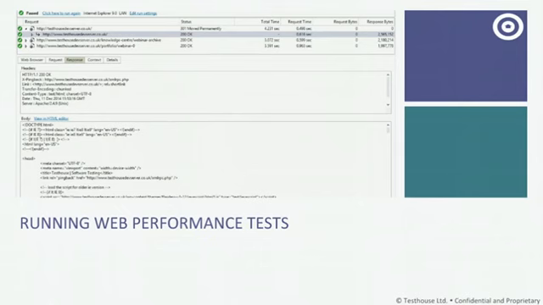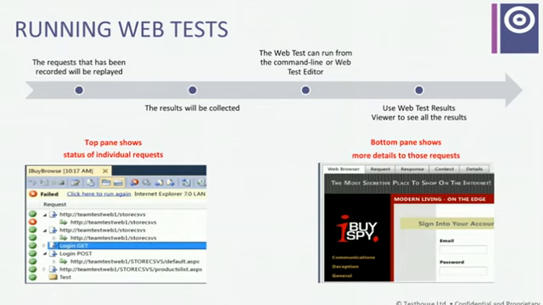You can take a look at a web browser. You can take a look at the HTML which has come back, and we'll be looking at that in more detail later. So there's some good things to look at when you actually run the test already, to give you an idea of how quick your system is.